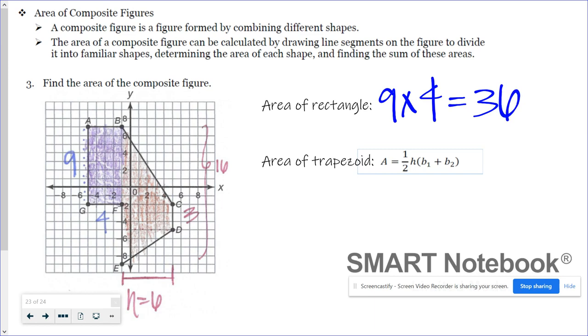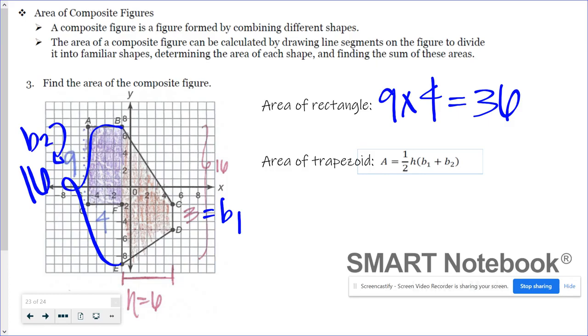For my trapezoid, because I'm choosing to work with a trapezoid here, the formula is 1/2 the trapezoid's height times the sum of the two bases. And so one of the bases is 3 units long, and then this entire base from B to E is 16 units long, so that's base 2.